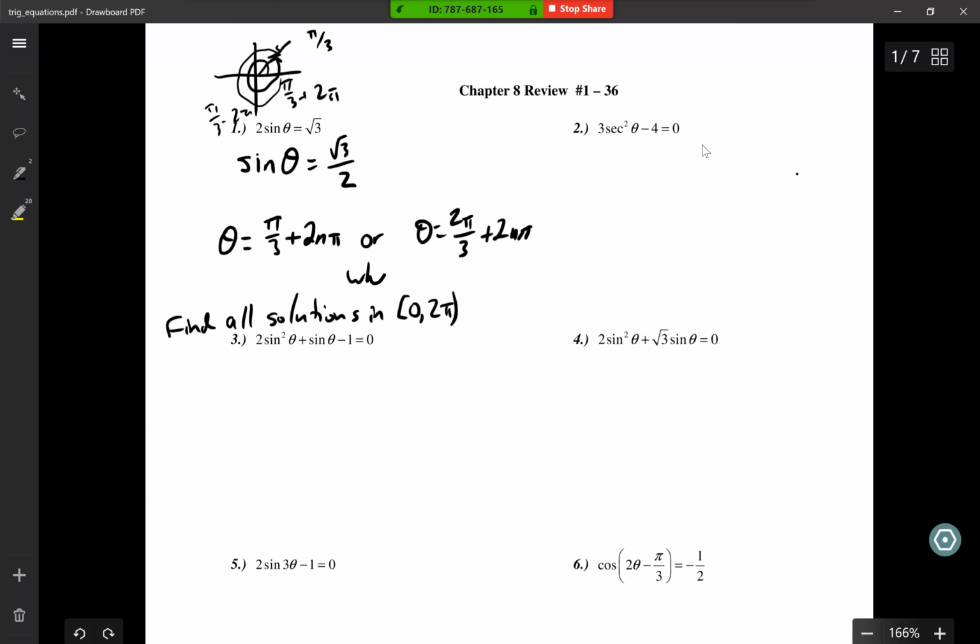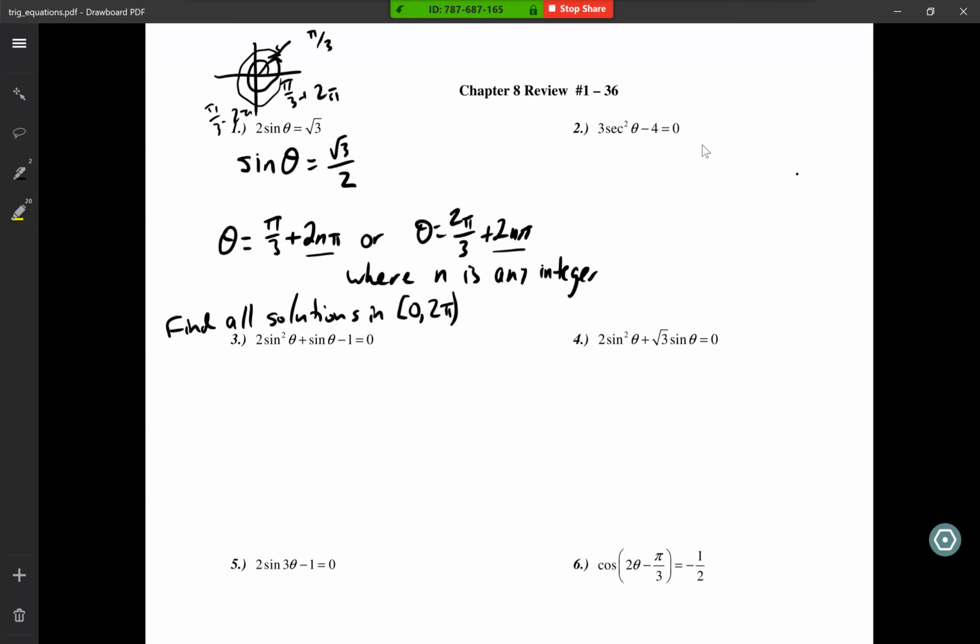And this is where n is any integer. So any number with no decimal part, but it could be plus or minus. That's what we mean by an integer, no decimal part. All this part is doing is representing that we could rotate around as many times as we'd like and end up in the same spot.